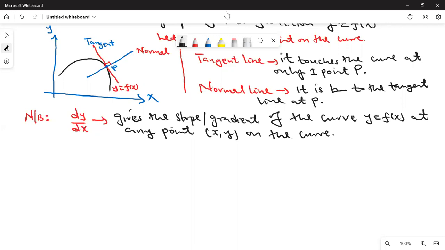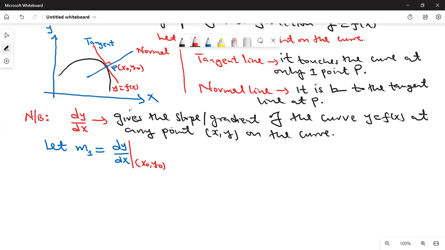You will now write, let m1 equal dy/dx at the point (x naught, y naught), that is point P. So when you substitute the value of that coordinate, you get a specific value for your gradient.